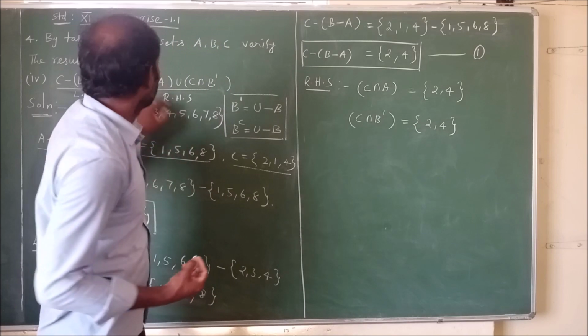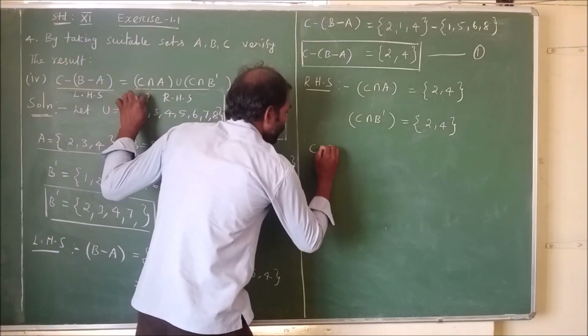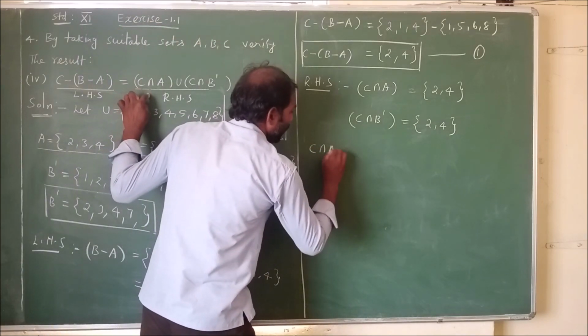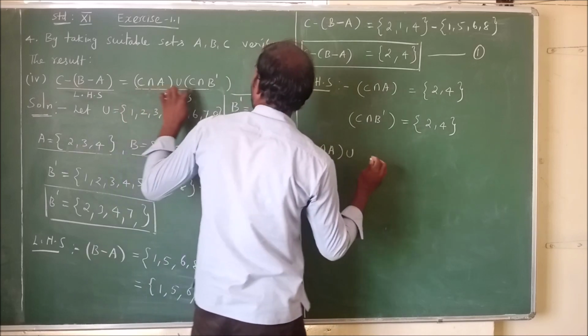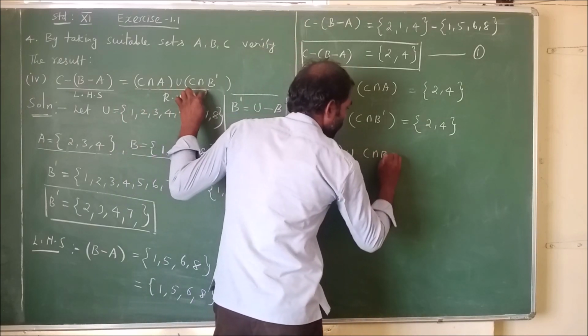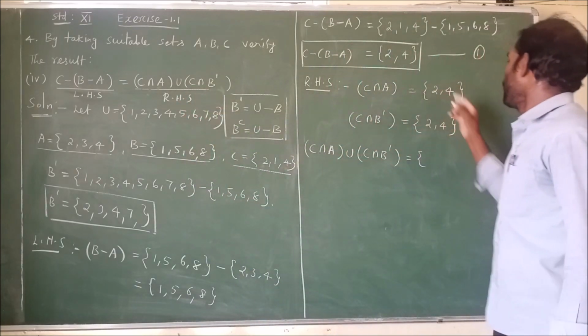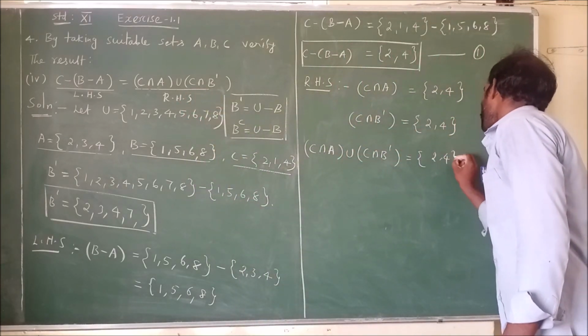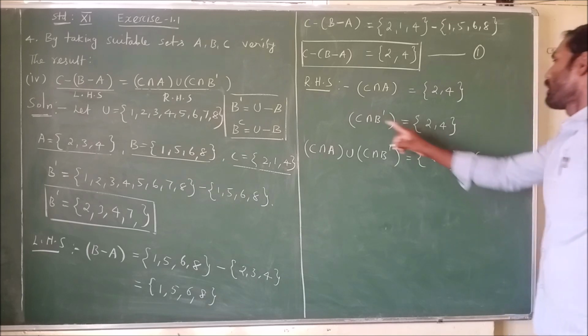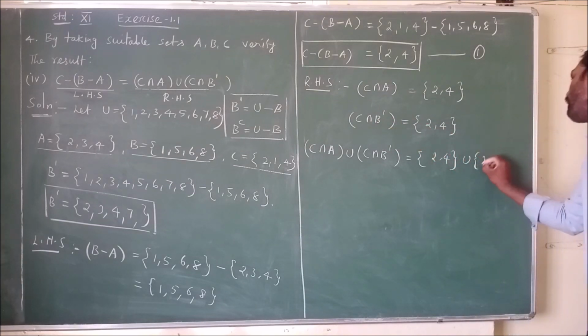Then after that, (C intersection A) union (C intersection B dash) equals: C intersection A is 2, 4, union C intersection B dash, which is again 2, 4.